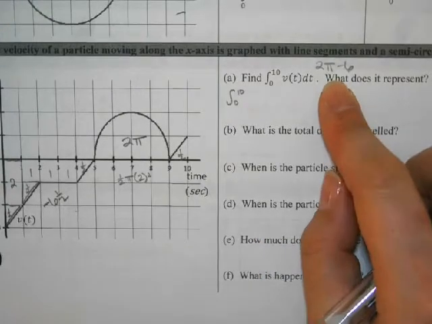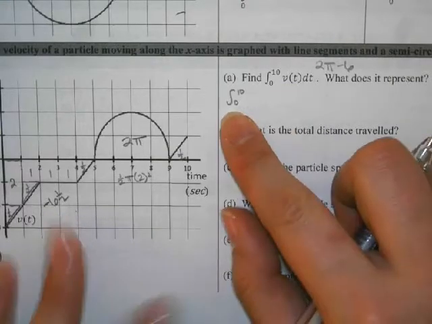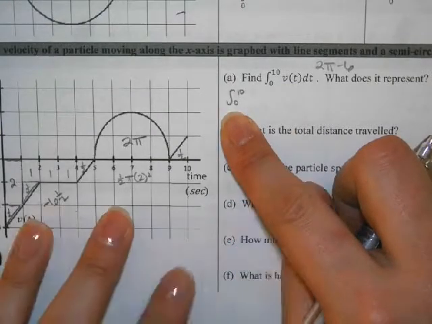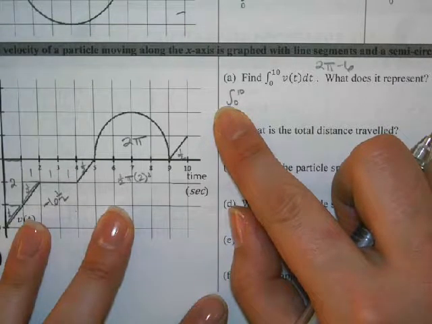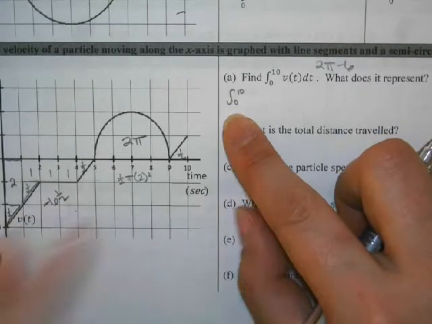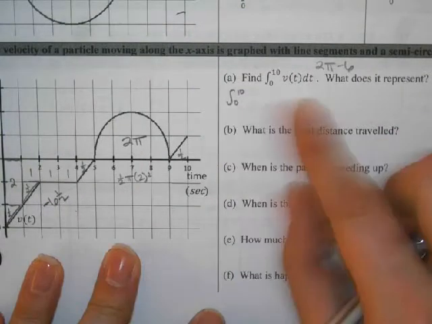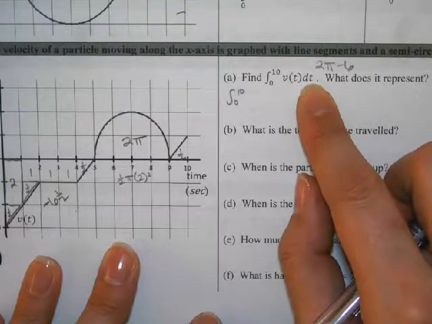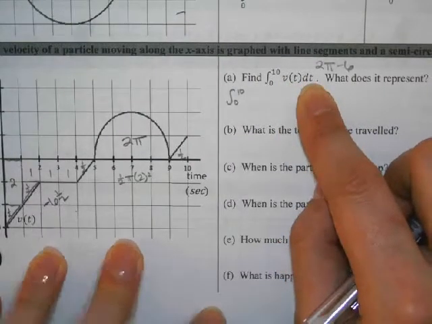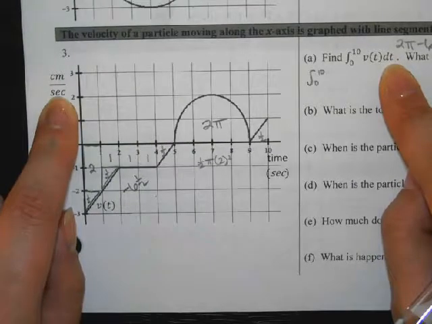Doesn't matter. Okay. So if we do this, we're literally saying the area underneath the curve is the summation of all of the rectangles from 0 to 10, however many rectangles you choose to make, infinitely many, to get the correct area. And it's saying that this is the height of the rectangles and this is the width of the rectangles, right? So the height of the rectangles is represented by velocity, which is centimeters per second.